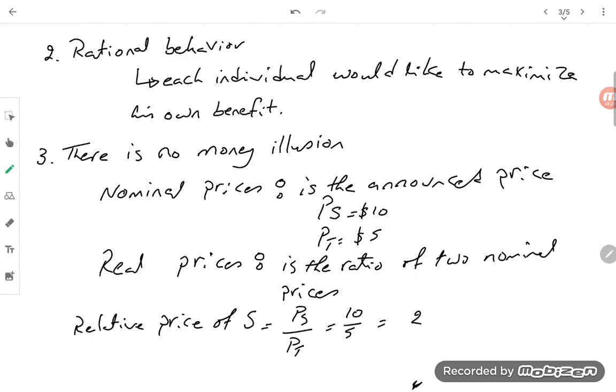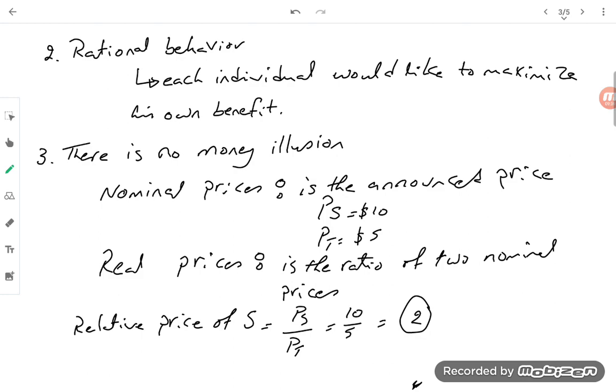And here we are not going to write $2. It's not in money terms. Relative price is not expressed in money terms. What's meant by the number 2? It means that the value of soybeans is equivalent to twice the value of textile. Or in other words, if you spend $10 on soybeans, you can spend the same amount to buy 2 units of textile.